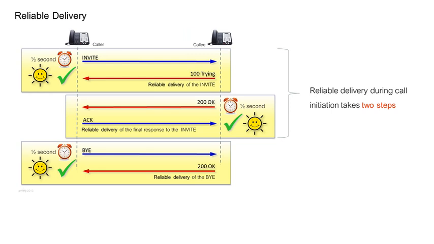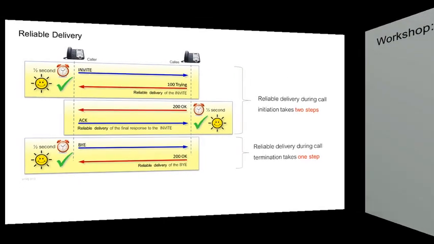Terminating the call, however, needs only one step, with the user agent client managing the timer and the retransmissions. Why? Well, there's no need for human input with the BYE, no need to buy time. The user agent server responds directly with a final response that also confirms delivery.